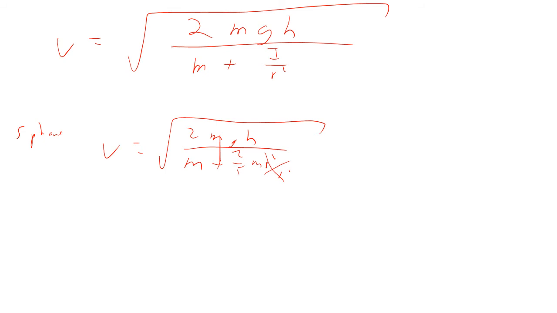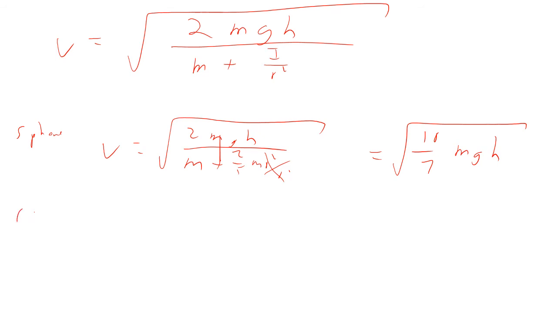So the r squareds cancel. And in the denominator, we have m plus 2/5 m. That's going to be 7/5 m. So that means this comes out to be 10/7 gh.